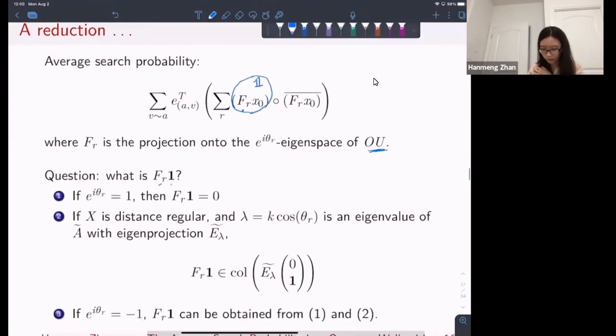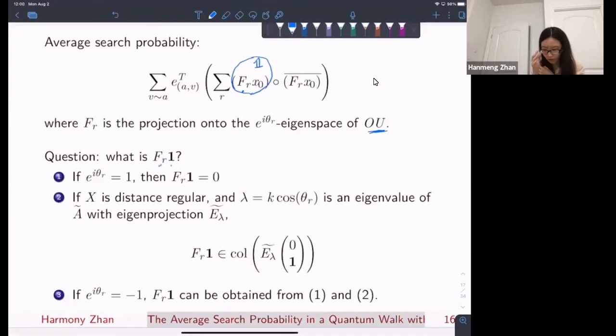Depending on the eigenvalues, you have three cases. If the eigenvalue is 1, then this eigenprojection does not contribute anything to the search, because all its eigenvectors are orthogonal to x naught. And if the eigenvalue is complex, then we have seen that they are determined by the eigenvalues of A tilde.